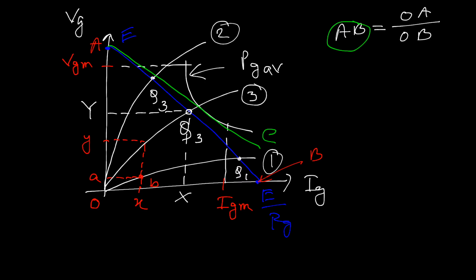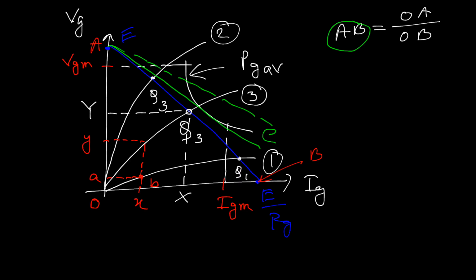But above it, suppose we consider it has a high value, above AC, then the gate cannot be fired.